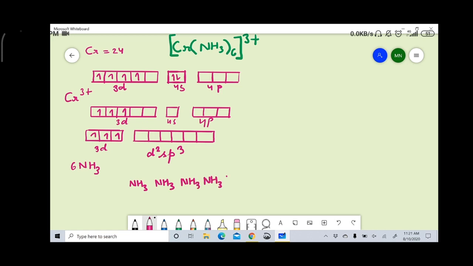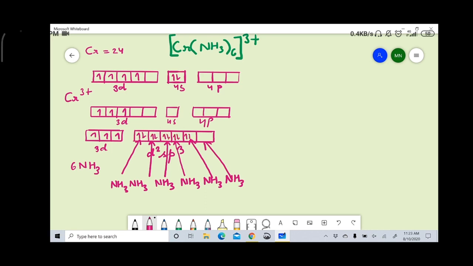These 6 hybrid orbitals arrange themselves around the central metal ion in octahedral geometry. In these octahedrally arranged hybrid orbitals, 6 ammonia ligands donate their lone pairs of electrons and an octahedral complex is formed.